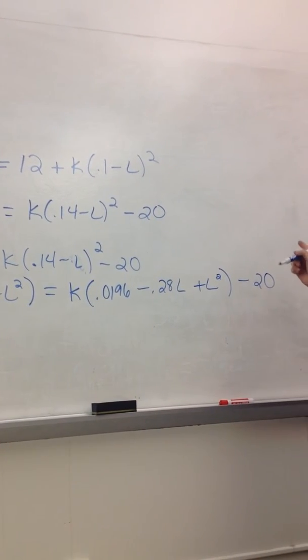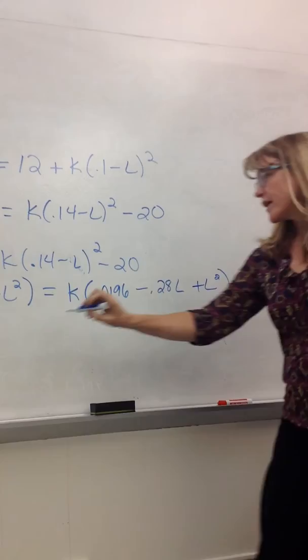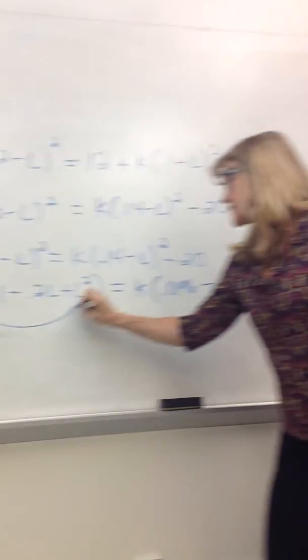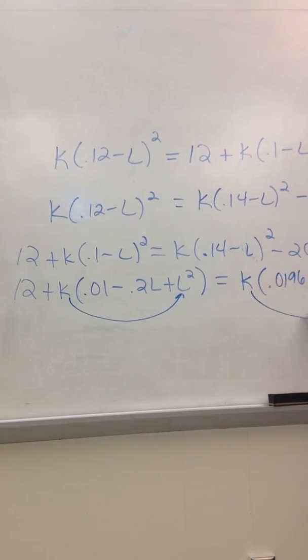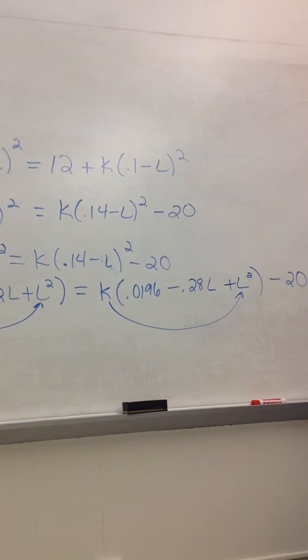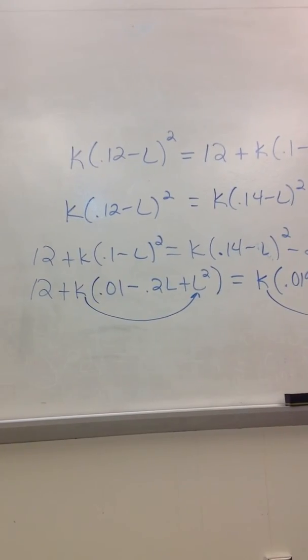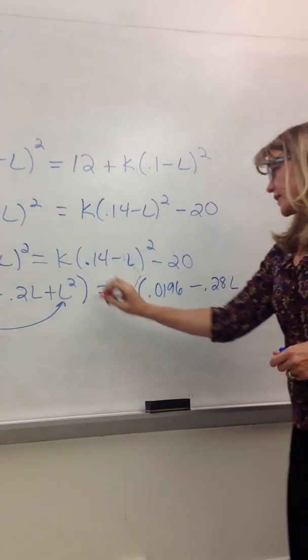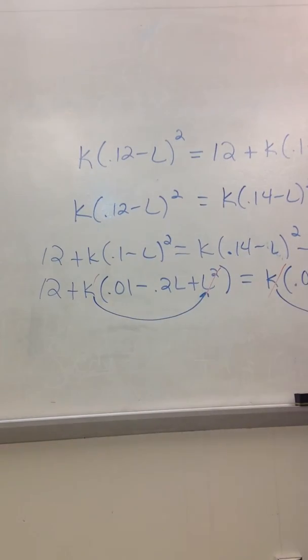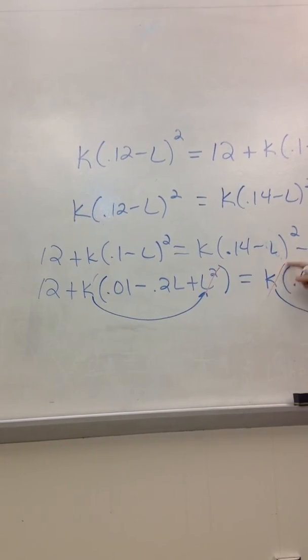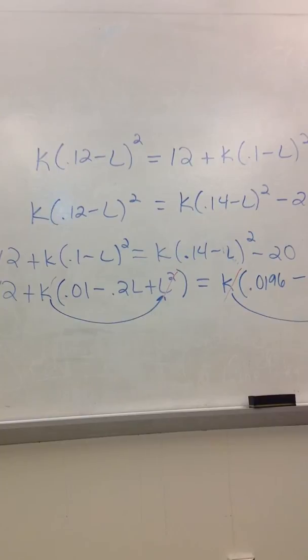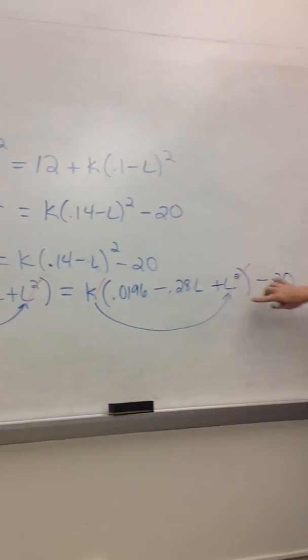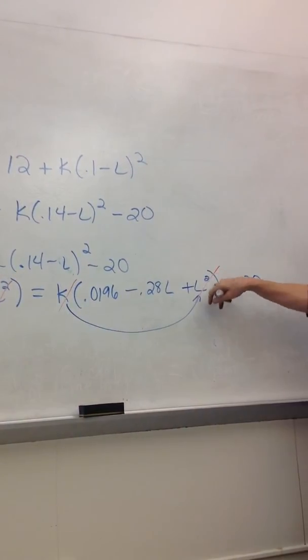The reason why it didn't matter if I FOILed it out sooner or later is because this times this is on both sides of the equation, and so it gets canceled out whether I FOILed earlier or later. The K is not completely gone, I'm just pointing out that if you distribute, you're gonna have a K times L squared on this side as well as on that side.